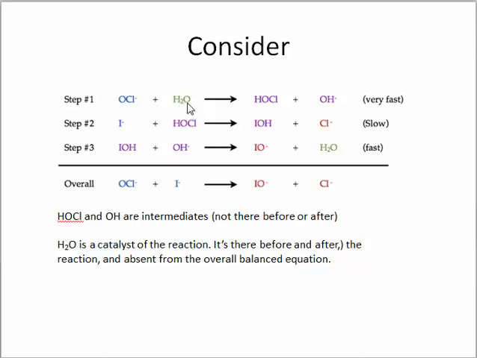In this case, it speeds the reaction up by providing the first step of the reaction. The water is recovered at the end of the reaction. It's important to be able to identify intermediates and catalysts and not confuse the two.